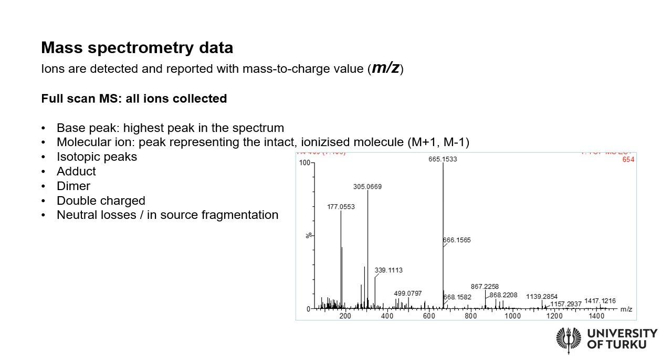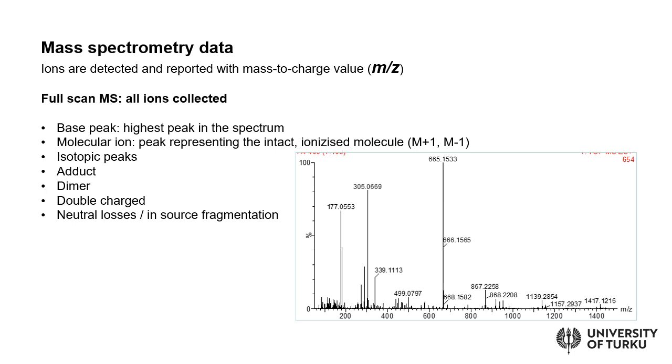And how are the compounds then detected by the mass spectrometer? The ions are detected and reported with a value called the mass to charge ratio, or m/z. This is what you always see in metabolomics data. It means that you have the mass, and you need to remember it's the ion.